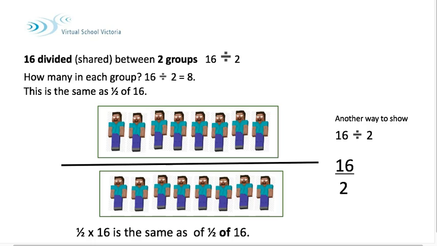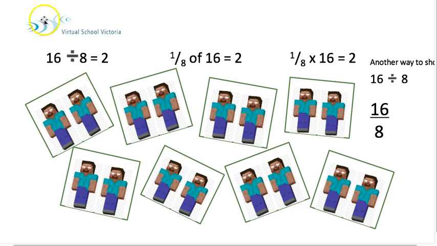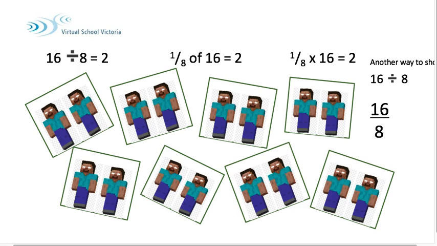Now let's have a look at the other way we can do that. We can take 8 groups of 2, put them all together, and here you have 16. If you share them equally into 8 groups, each group will have 2. So that is 1/8. There's another 1/8. There's another 1/8. So there is a connection.